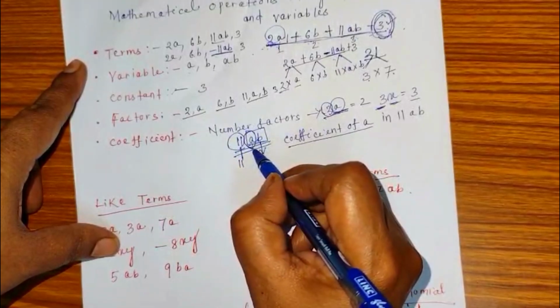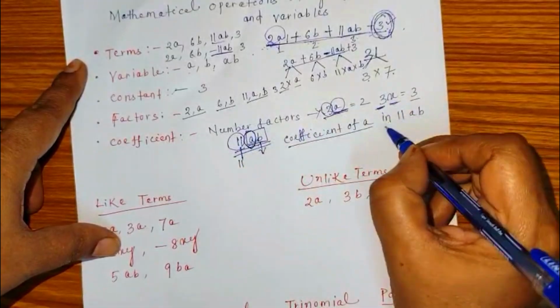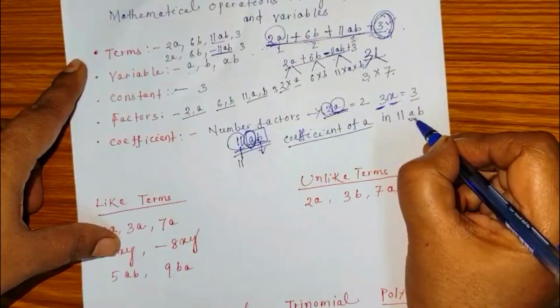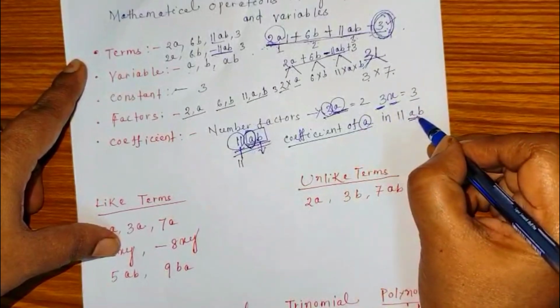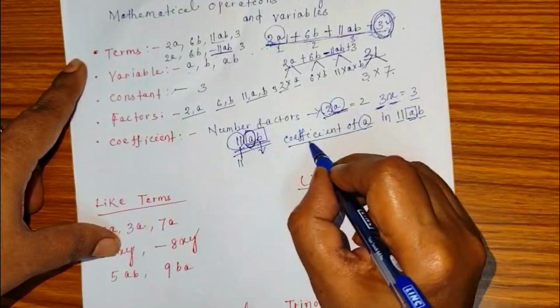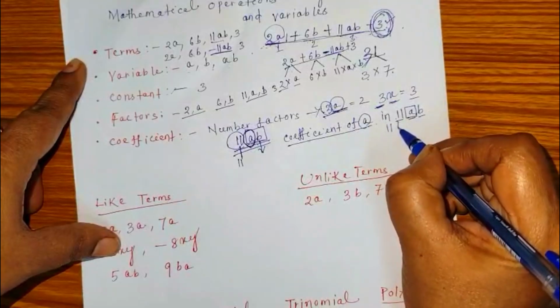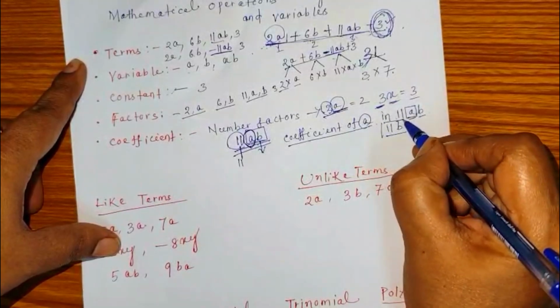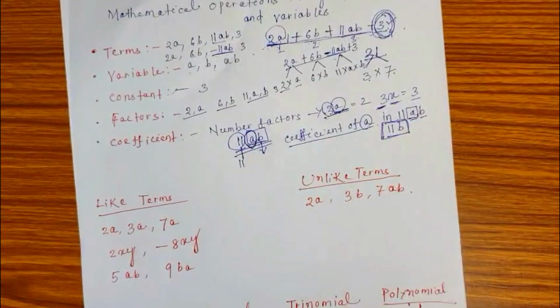In 11ab, other than a, what is there? 11b. So take this a out. They are asking you the coefficient of a, right? So take it out. Then what is left? 11b. So the coefficient of a in 11ab is 11b. Understood? So there are two things in coefficient.